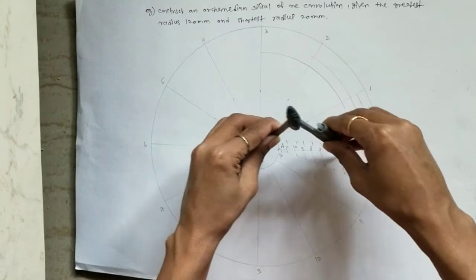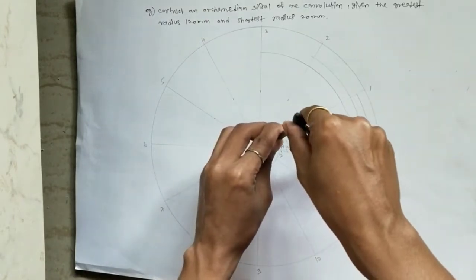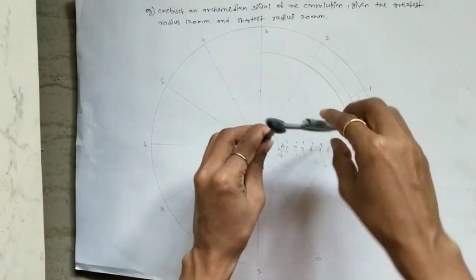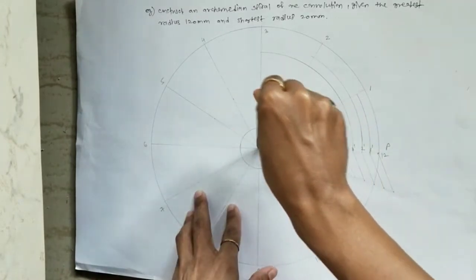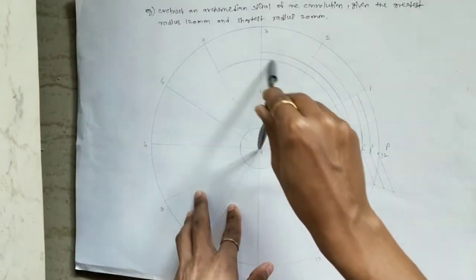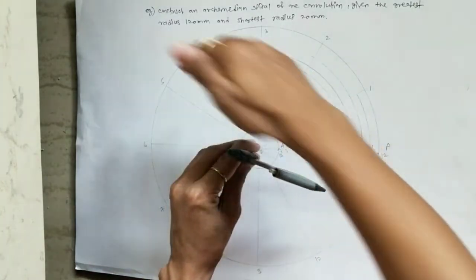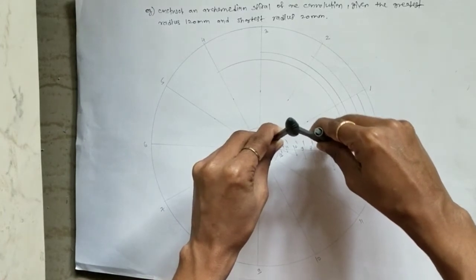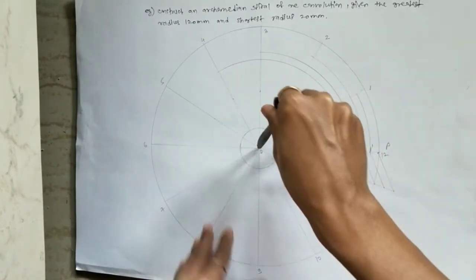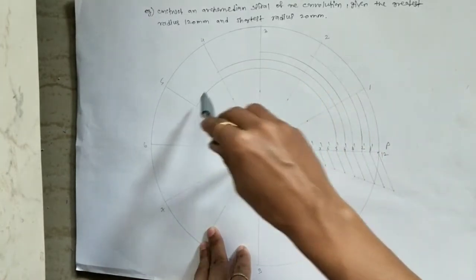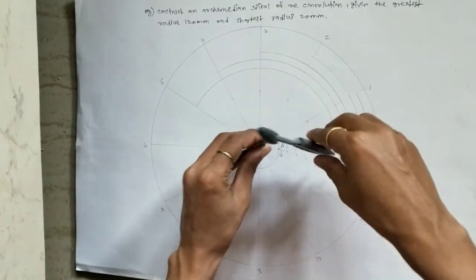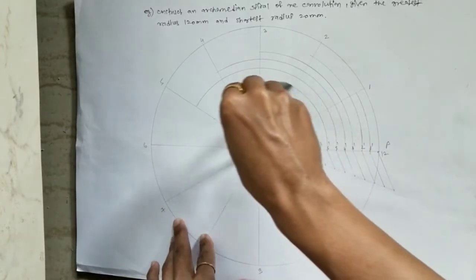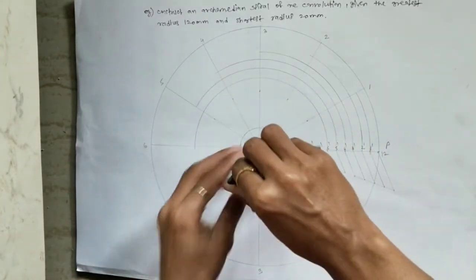Take center O and radius O4 dash, draw arc up to radial line O4. Then center O and distance O5 dash, draw arc up to radial line O5. Similarly draw all the arcs.